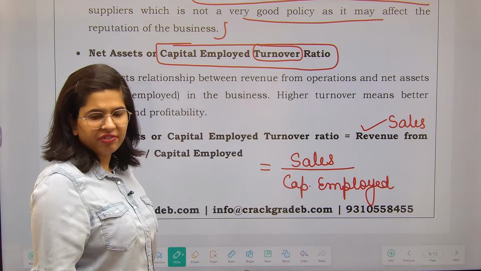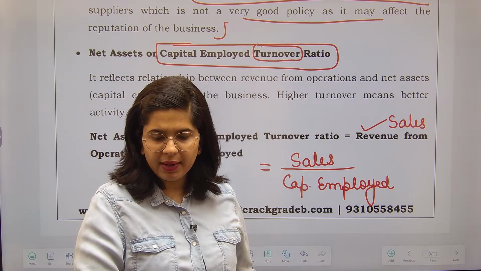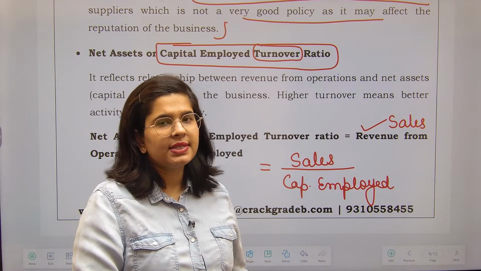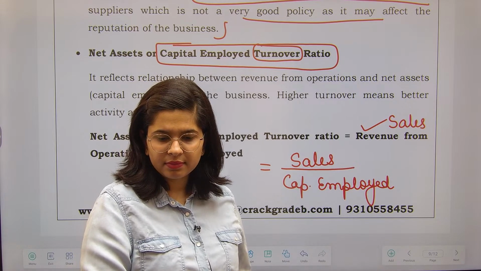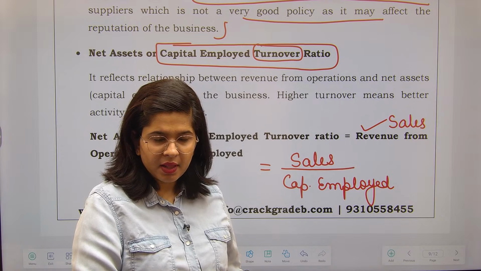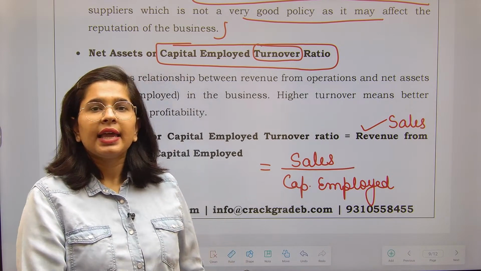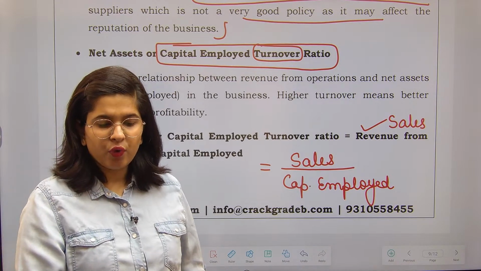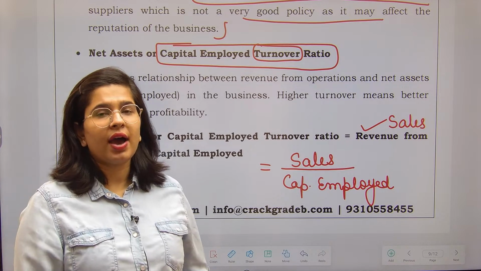What was the formula of capital employed? Yesterday we did the formula of capital employed as well. Can someone tell me what the formula of capital employed was? Please watch yesterday's lecture if you didn't. Capital employed means your own funds plus the long-term liabilities that you have taken.